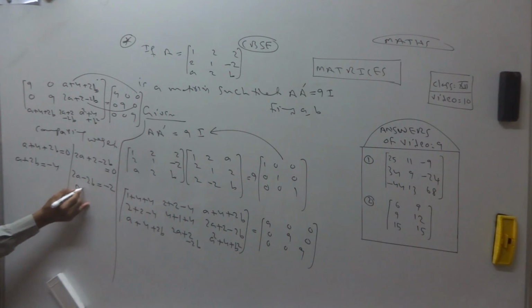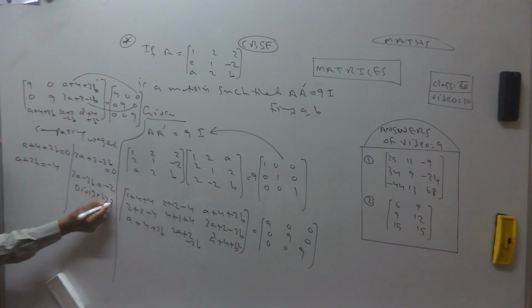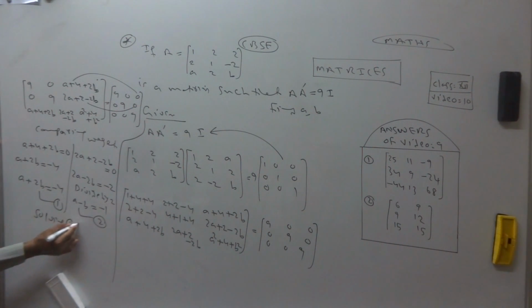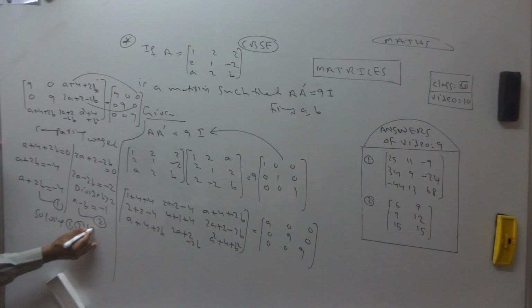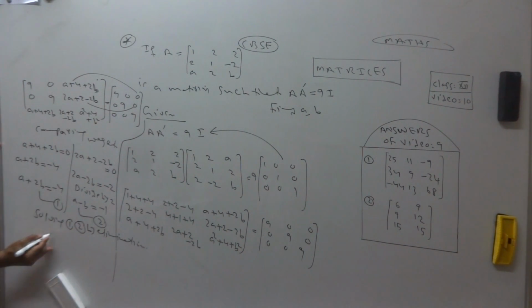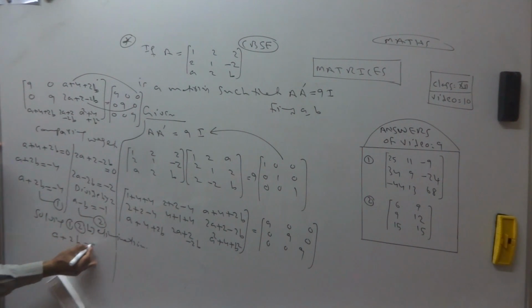Here I can divide by 2, so A minus B is minus 1. This is A plus 2B is minus 4. This is first, this is second. We solve them, solving 1 and 2 by elimination method. A plus 2B is minus 4, A minus B is minus 1.